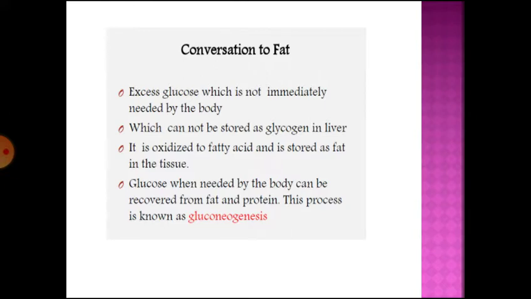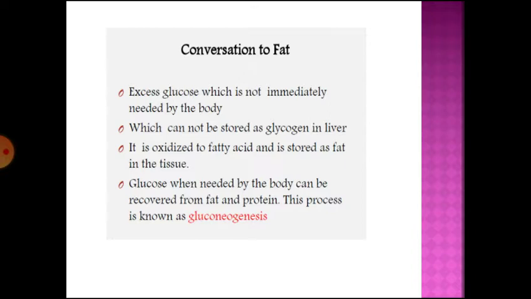When the liver has reached its full capacity for storage of glycogen, the other carbohydrate cannot be converted to glycogen because the storage area is full. So in this situation, the liver converts the excess glucose to fat and stores it in adipose tissue.